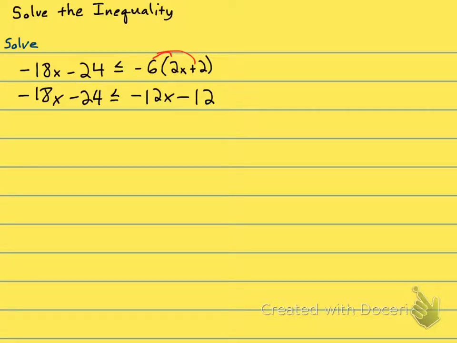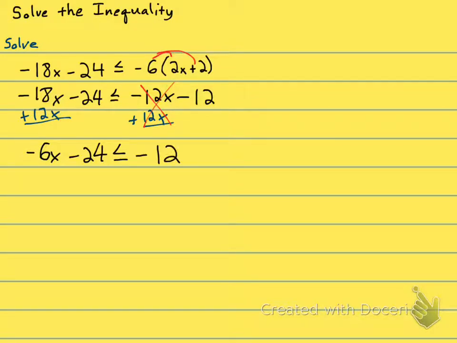So to get rid of a minus 12x, I'm going to add 12x to both sides. That way I'll have no more x's on the right. Negative 12x plus 12x is 0. And on the left, we'll have negative 6x minus 24 less than or equal to, this drops down, negative 12.